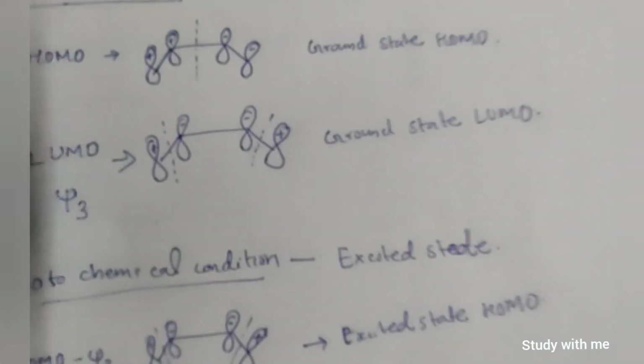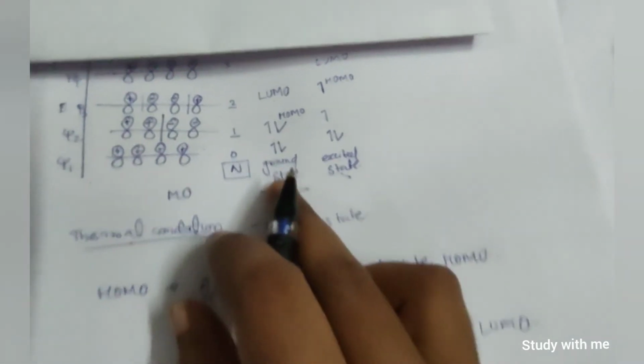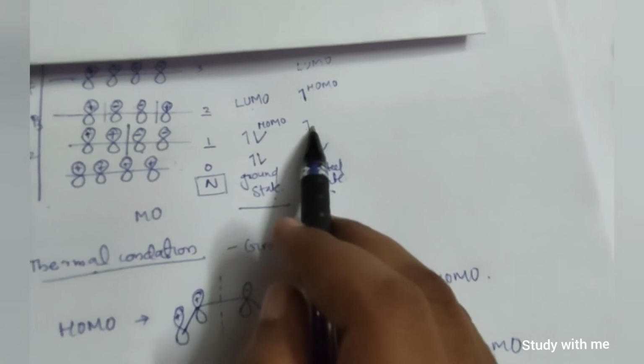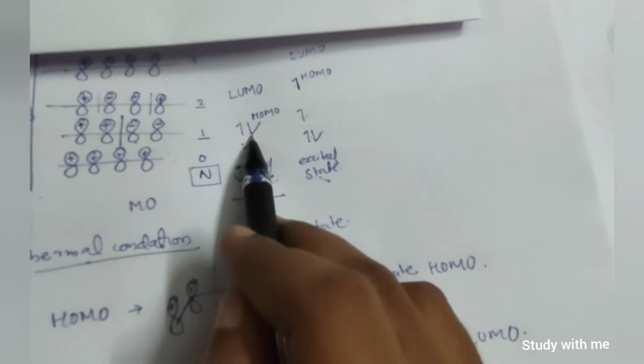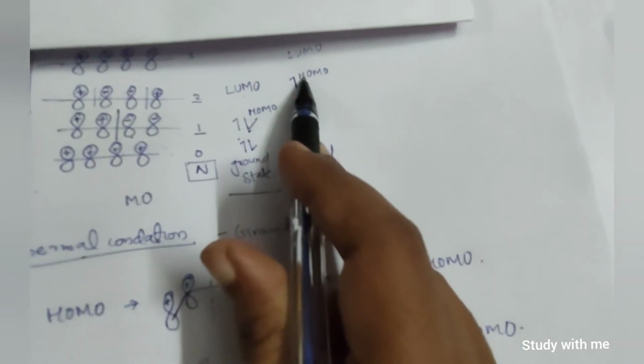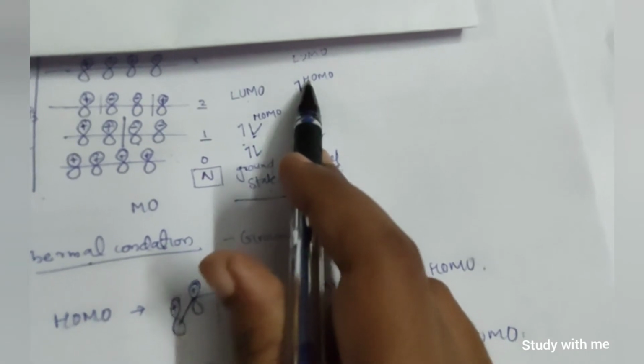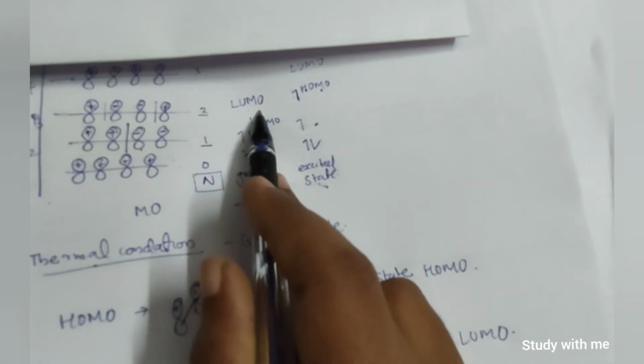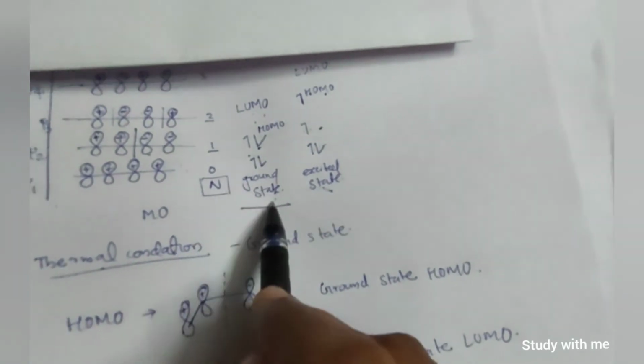That is because in the excited state, the ground state HOMO excites one electron to the next level, psi 3. So psi 3 becomes the HOMO, and it is also the LUMO for the ground state. This is the reason for that.